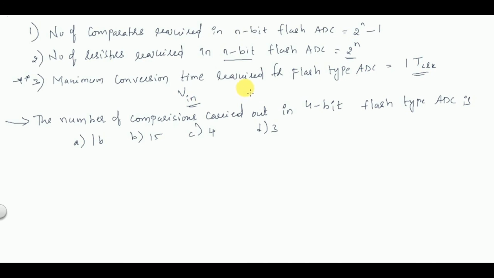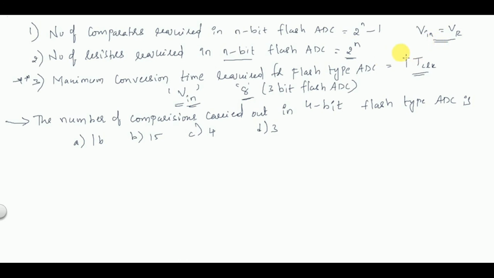I have told you 8 ranges for 3-bit flash ADC, yes or no? In those 8 ranges, V in will exist in one of them, because the maximum value of V in allowed is VR, the reference voltage.